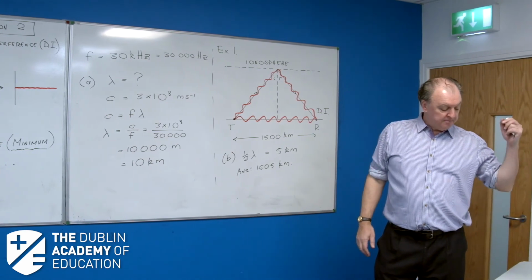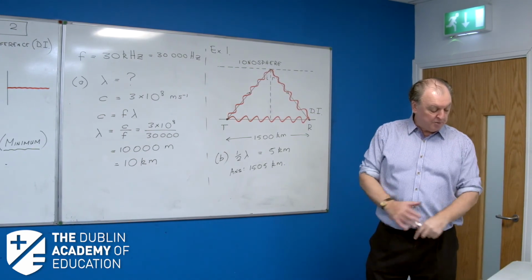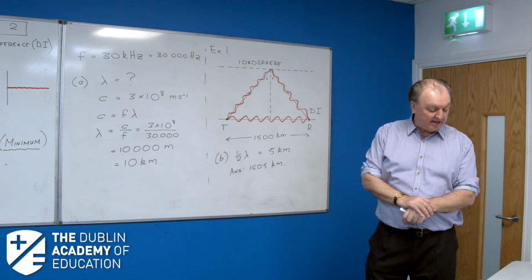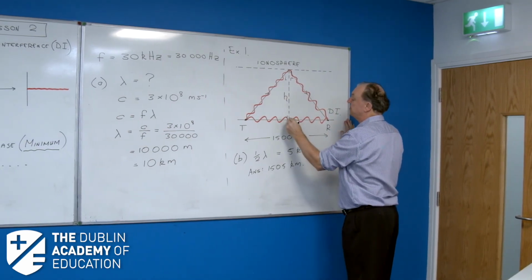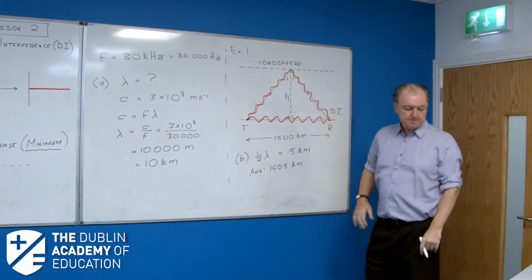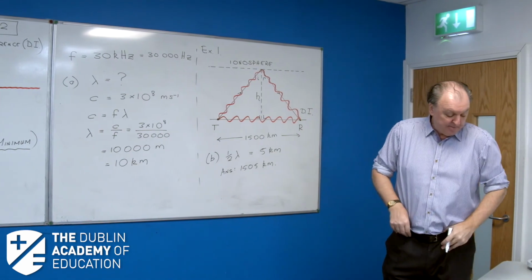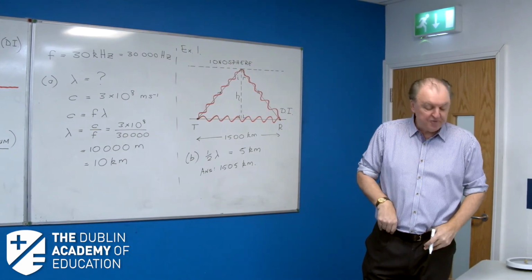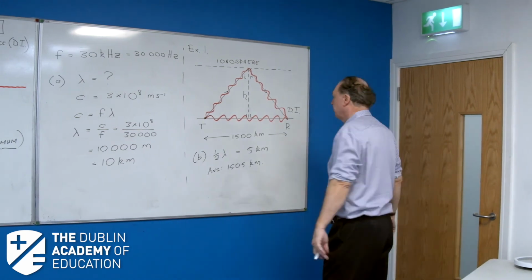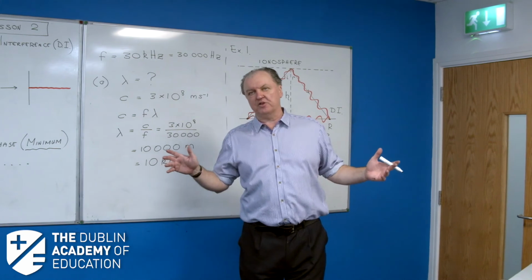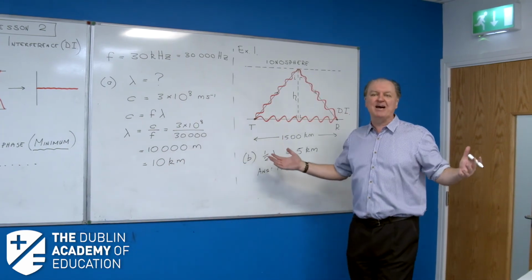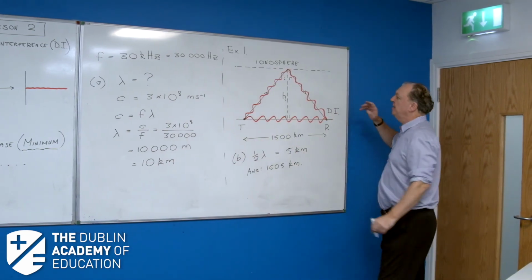Part C. The layer at which the waves are reflected is at a height h above the ground. Calculate the minimum height for DI to occur at the receiver. Well, look, essentially I'm finished with the physics. I'm now just going to be doing some simple maths involving Pythagoras.